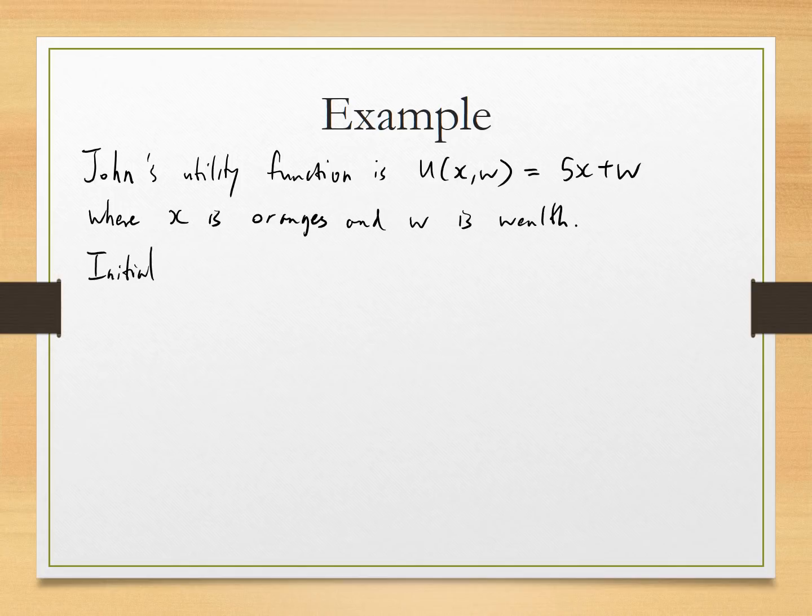So with initial wealth of $500. He has $500, and the cost of oranges equals x squared. These are very expensive oranges. They get more expensive as you buy more. That's just to make the problem easy to solve. Right, so how do you solve this problem? This is a very typical utility maximization problem.